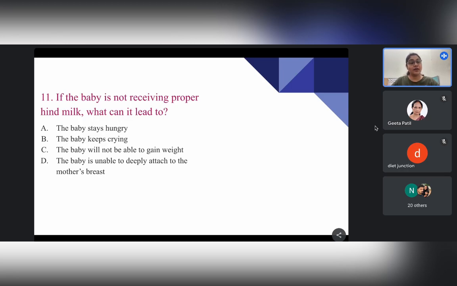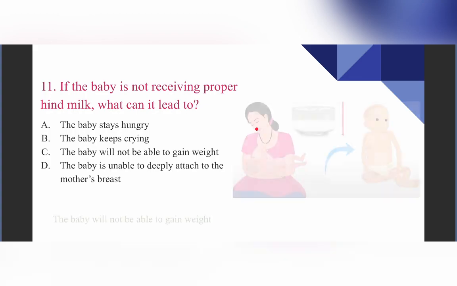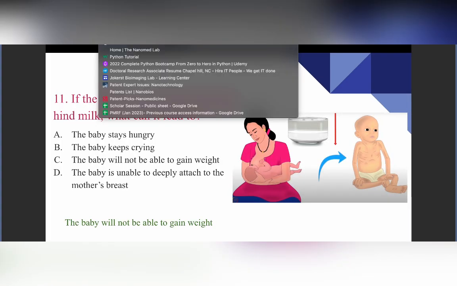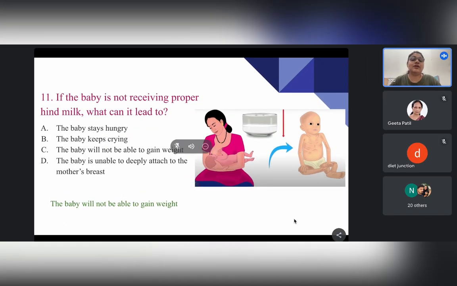So for very good weight gain, it is to be kept in mind that the hind milk is given to the baby, right? So the answer to this question is the baby will not be able to gain weight, right?